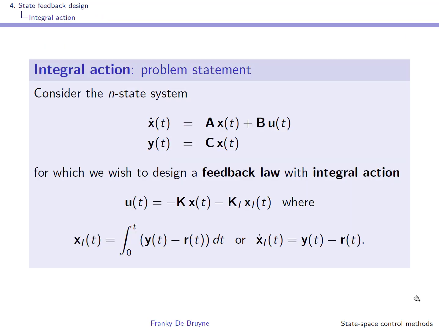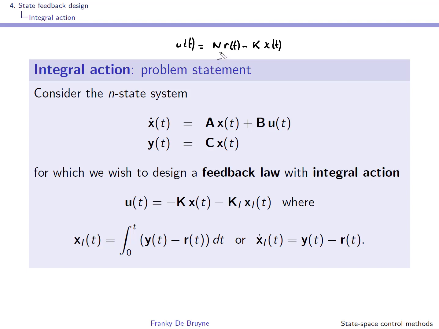So what we have done previously is use a law u(t) = N r(t) minus K x(t), where r(t) is the reference or set point and x(t) is the state.